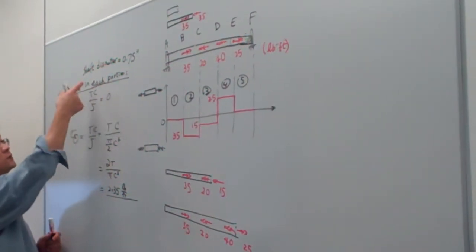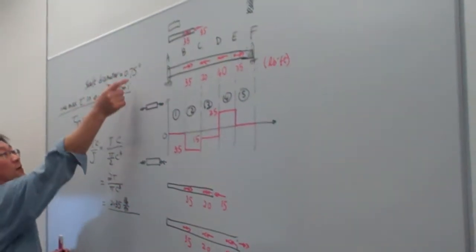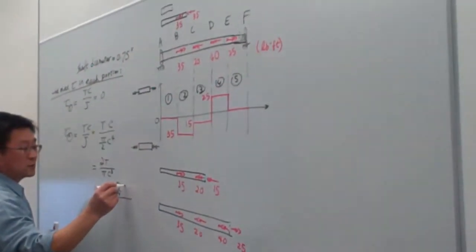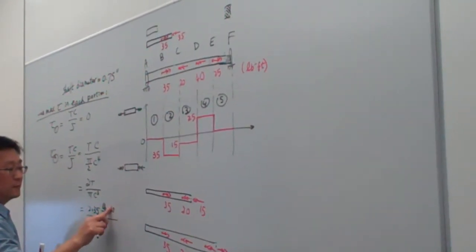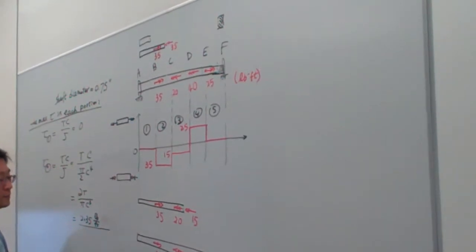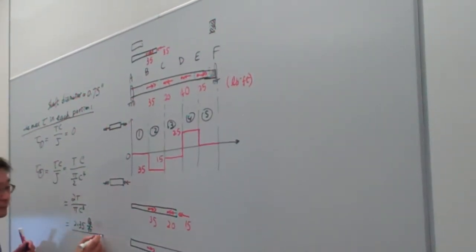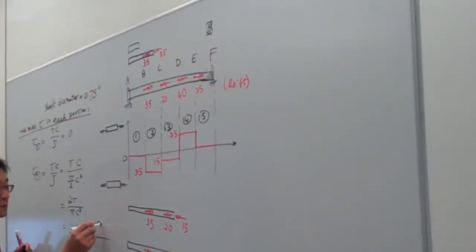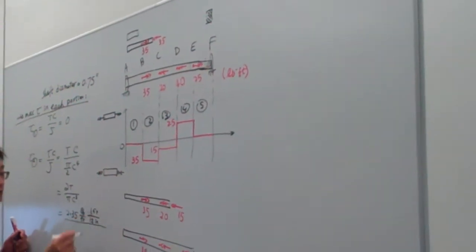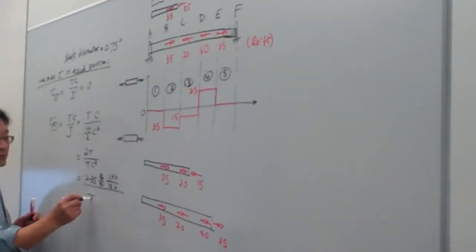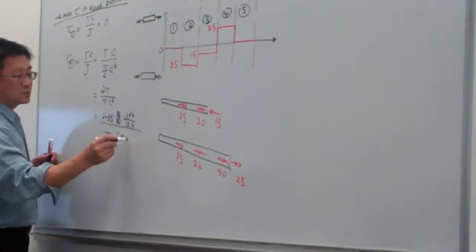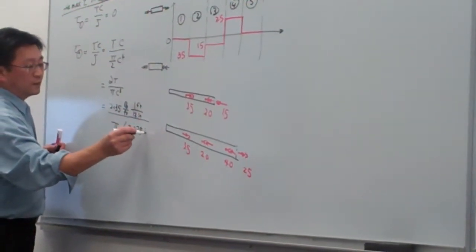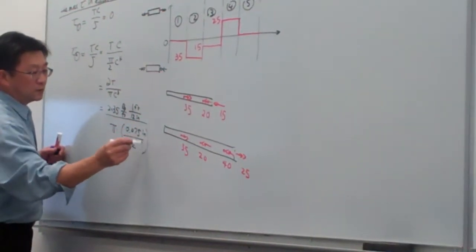And here we try to convert into inches. So 1 foot is 12 inches. Okay, and then pi times c, where c is 0.375 inch, to the cube.